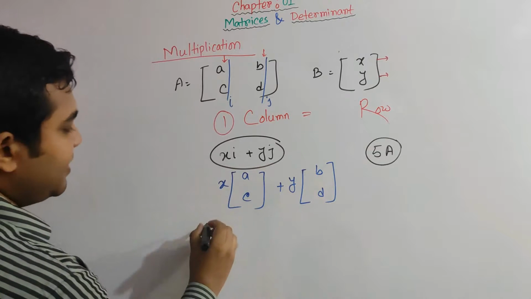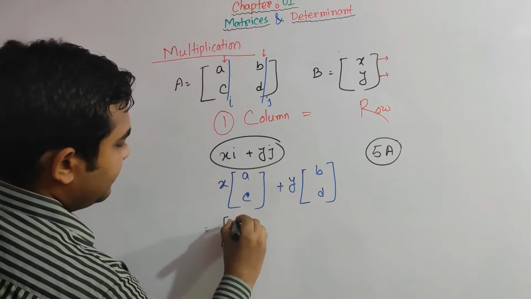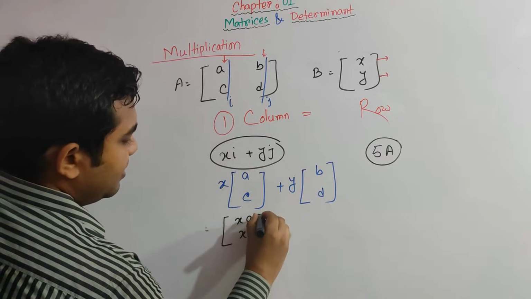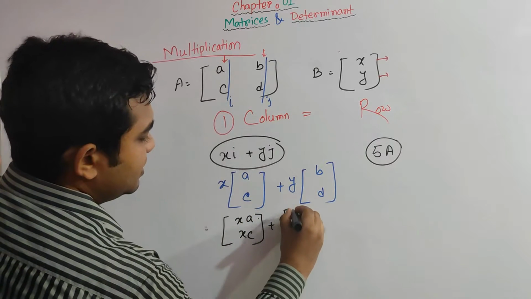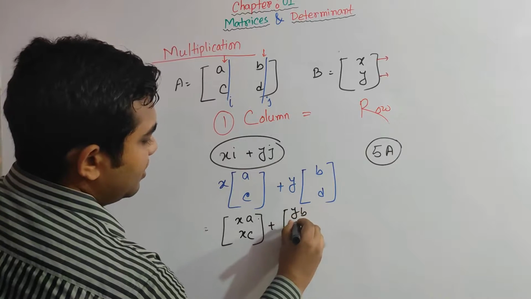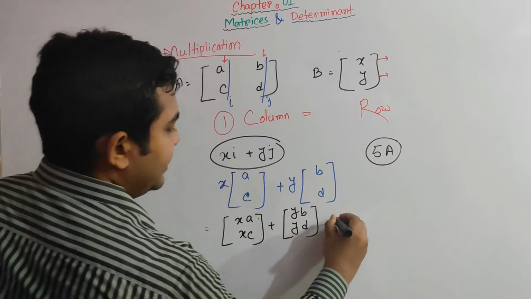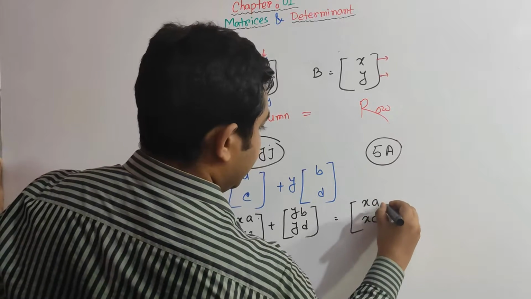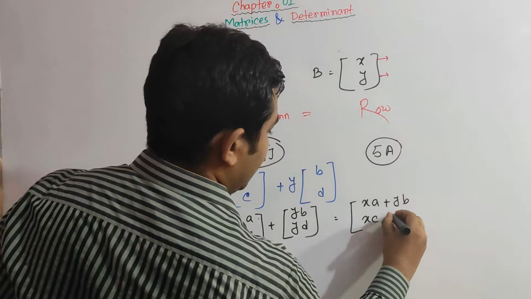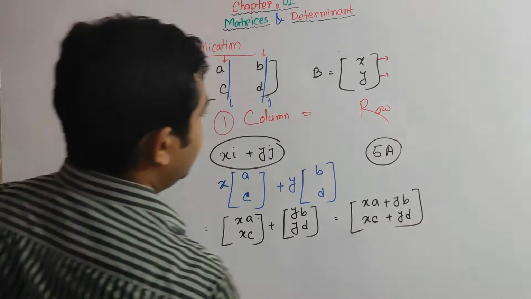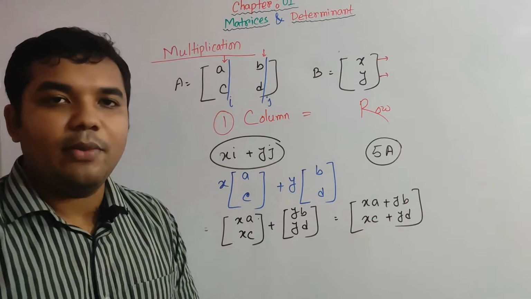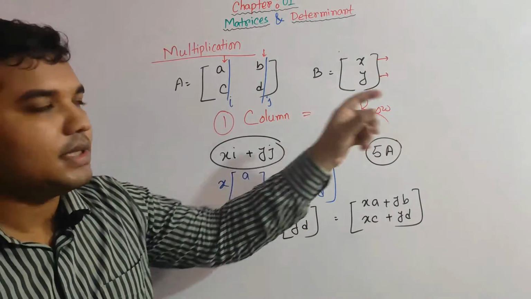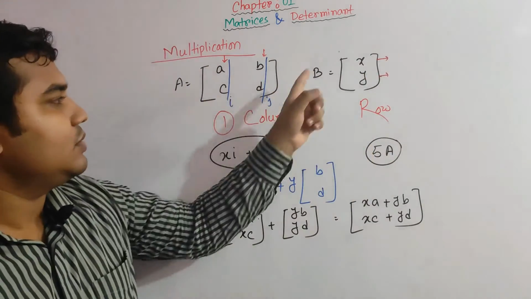That means our matrix should be like this: xa, xc plus yb, yd, and that means we can write xa xc yb yd. Maybe you already know that matrix multiplication is this row, this column, this row, this column.